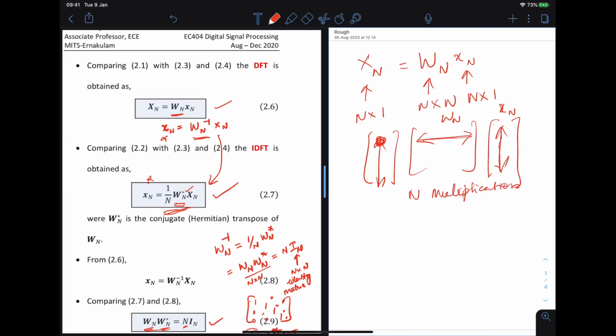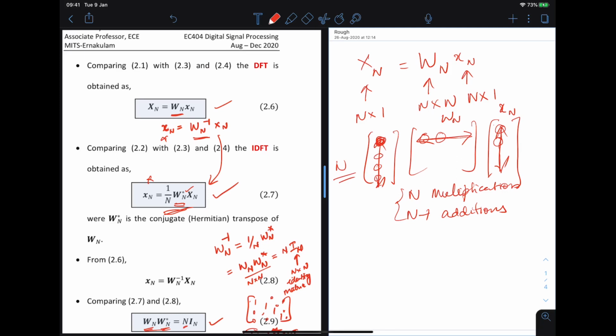And there are summations: first element into first element plus second element into second element plus and so on, so it will be n minus 1 additions. This much is the computational complexity for finding a single sample of the DFT. Likewise, how many samples are there? N samples we have to find.